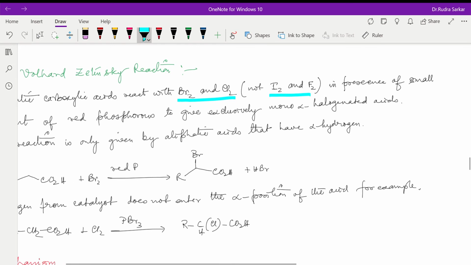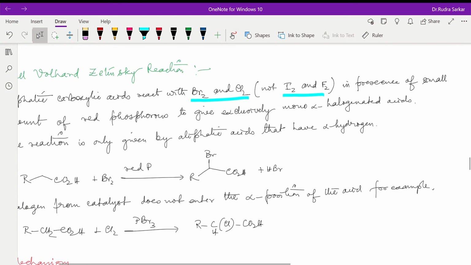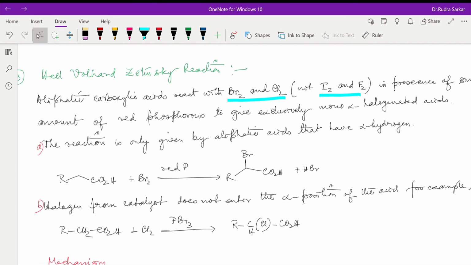Fluorine, normally we do not do fluorination directly because that leads to an explosive reaction. And with I2, because C-I bonds are very weak in nature, it is reversible, so we do not get high yields. So in the presence of a small amount of red phosphorus, which is important, they exclusively give monohalogenated acids.